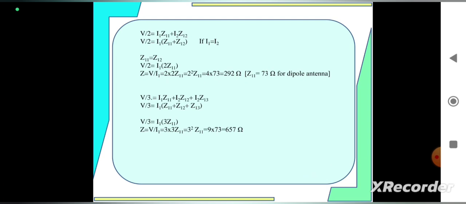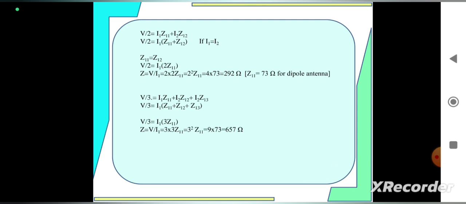Next, these are the basic equations of the folded dipole antenna. First, we apply half of the voltage, that is V by 2. Then we apply Kirchhoff's voltage law: I1 Z11 plus I2 Z12.